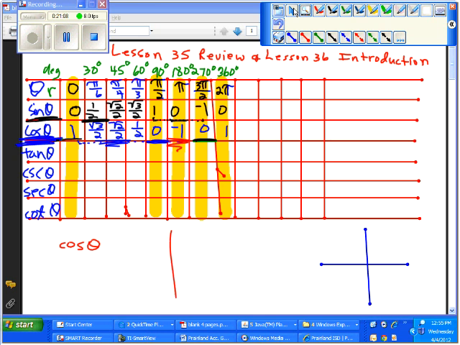If we were going to graph cosine theta, we know that we're going to go from 1 to negative 1, and we're going to go from 0 to 2 pi. And our gaps are going to be the quadrantal angles, the yellow stuff: pi over 2, pi, 3 pi over 2, 2 pi.